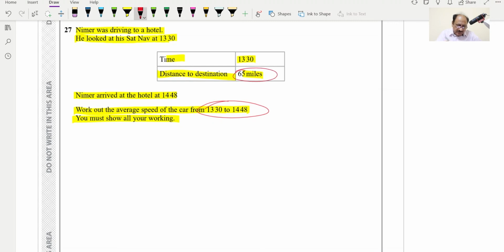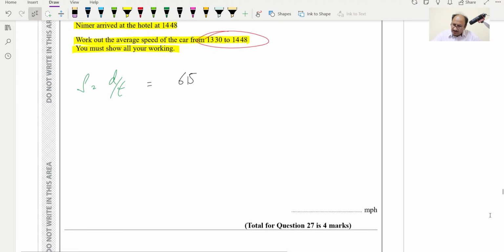So speed is equal to distance over time. So we can write the formula, speed is equal to distance over time, and distance is what? Distance is 65 miles. So the answer we have to provide in miles per hour.